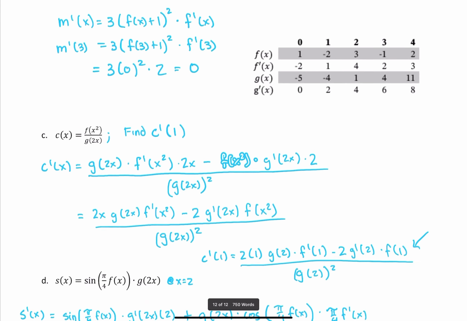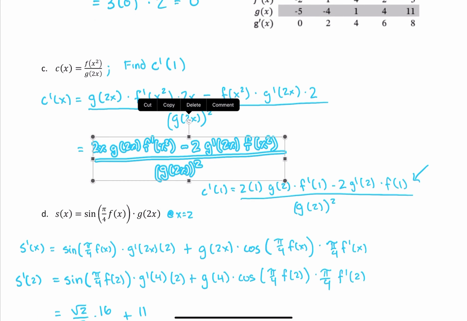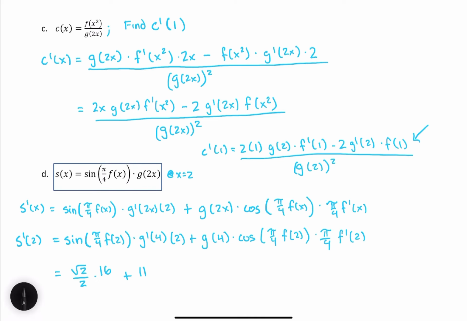F of 2 is 3. So the cosine of 3 pi over 4 is negative square root 2 over 2.